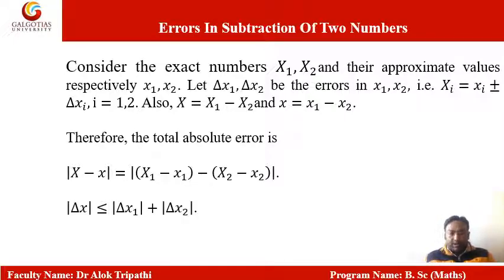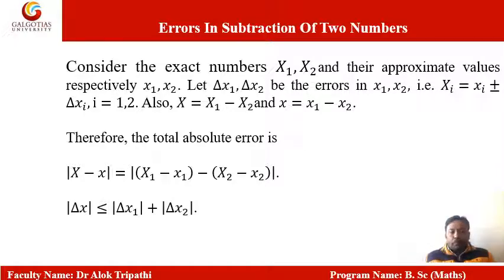Again delta x1 and delta x2 be the errors in the approximate values x1 and x2. I have already told you that error may be positive and negative both. Therefore capital Xi will be equal to approximate value xi plus minus the error in that value delta xi, i is equal to 1 to 2.